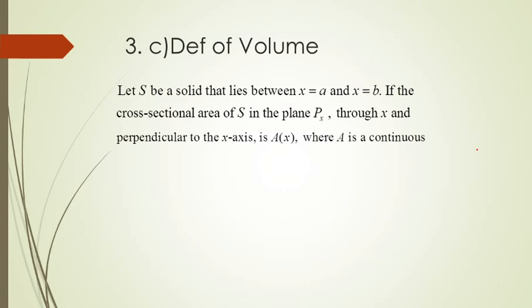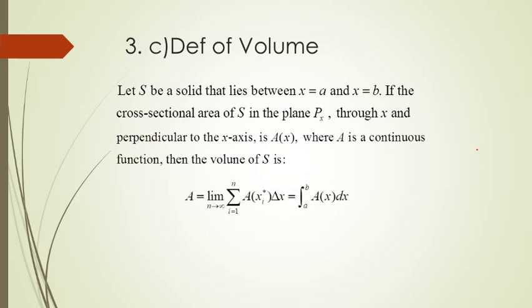We call the cross-section area a function A(x). Of course, this A is a continuous function. Then we can evaluate the volume of the solid S. It's not a region again, it's in three dimensions, it's a solid. The volume of this three-dimensional solid can be written in this way. Sorry, there is a typo here, it should be the volume.